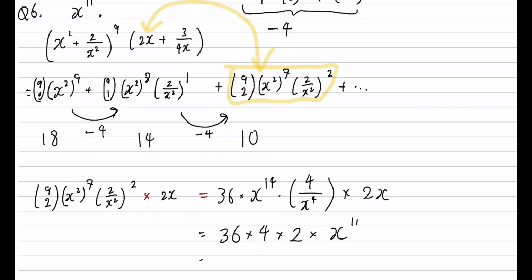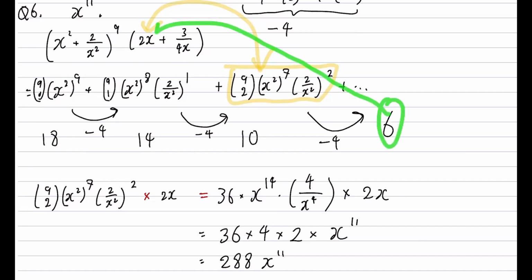Then we get 36 times 4 times 2, which is 288 x power 11. Any others? If I minus 4 again, I'll get 6. Can I multiply by anything here to give me power 11? No. Don't have. Then you don't need already.